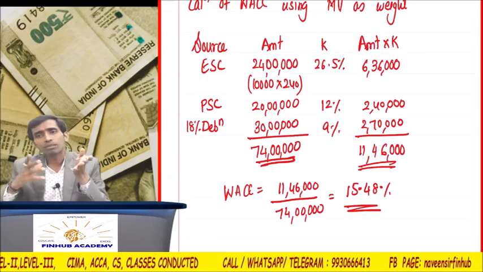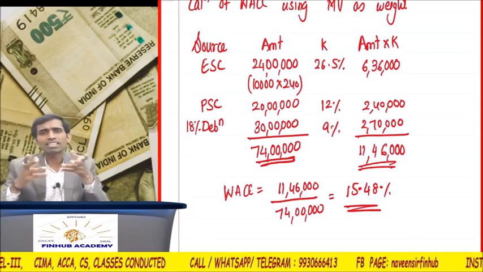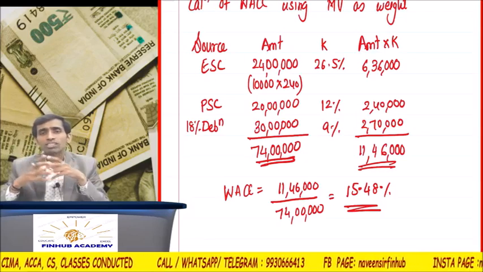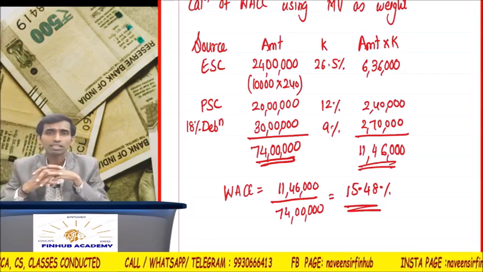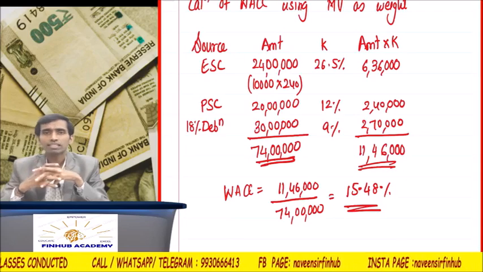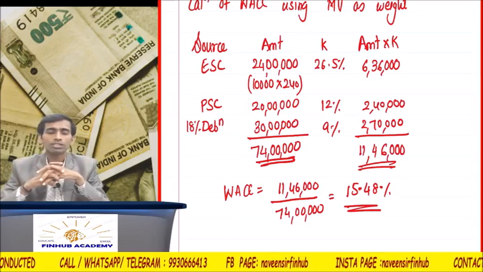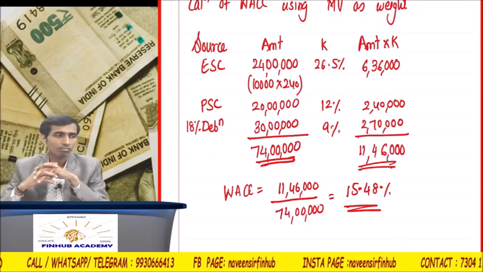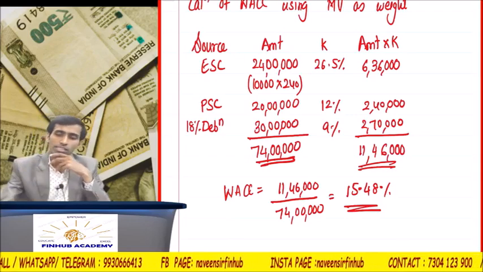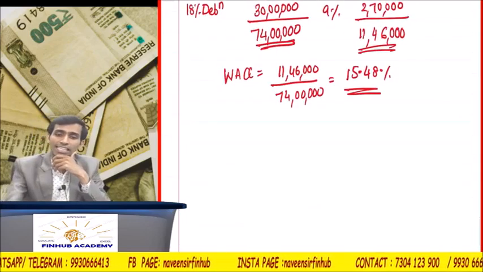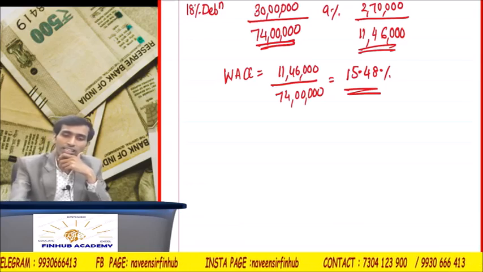Which is more realistic? Market value. But practically it is not possible because the figures keep changing, so you can't rely on it. Therefore, book value should be used.